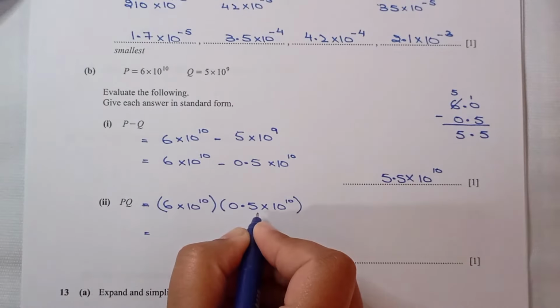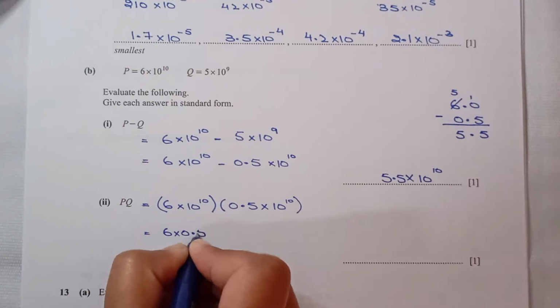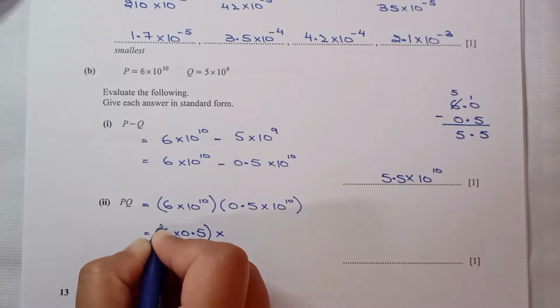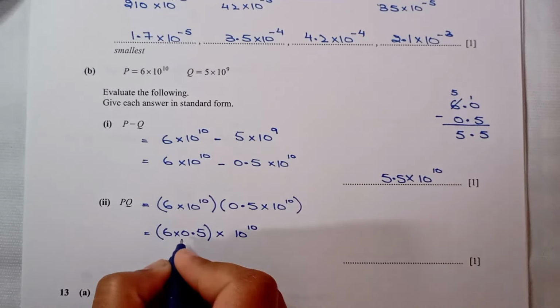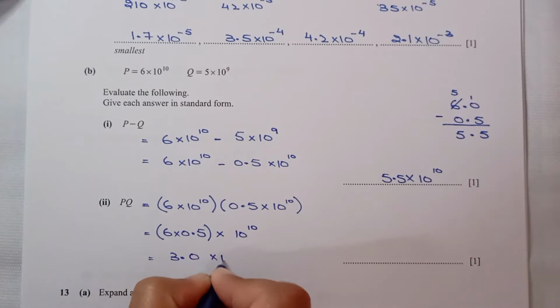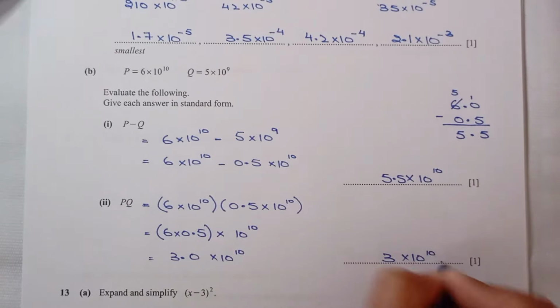We can multiply 6 with 0.5. So 6 times 0.5, and then we can take 10 exponent 10 common. So 6 times 5 is 30, and then we have 3.0 times 10 exponent 10 is the answer. So 3 times 10 exponent 10.